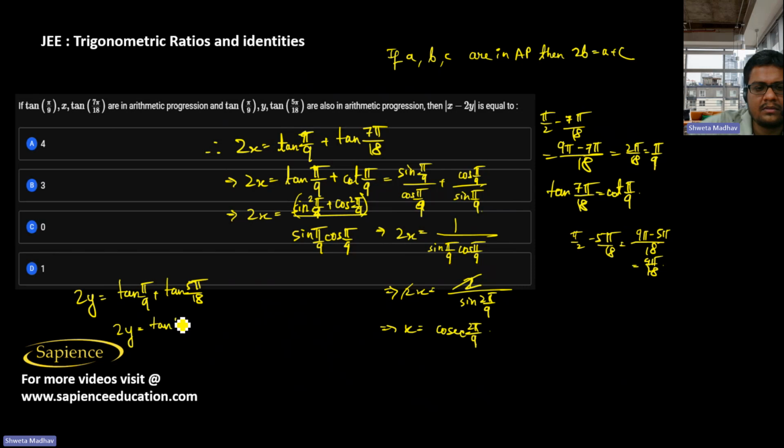So that is tan pi by 9 plus cot 2 pi by 9, I can write, since 4 pi by 18 is 2 pi by 9.